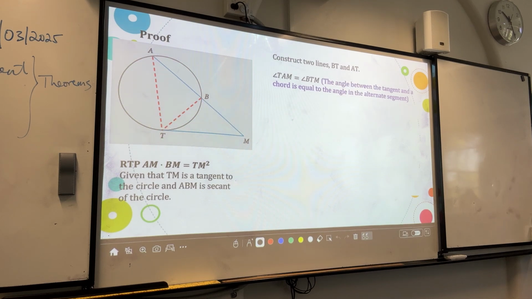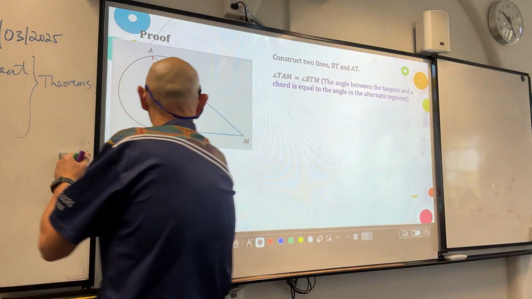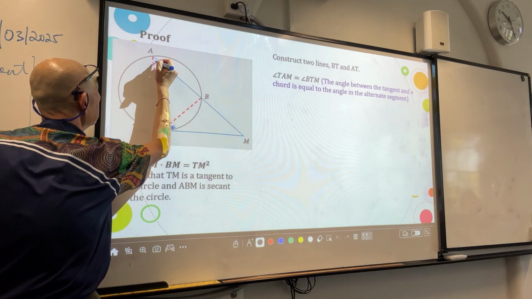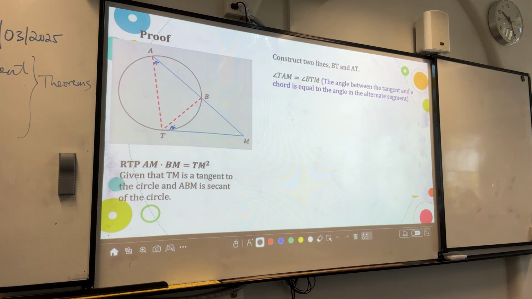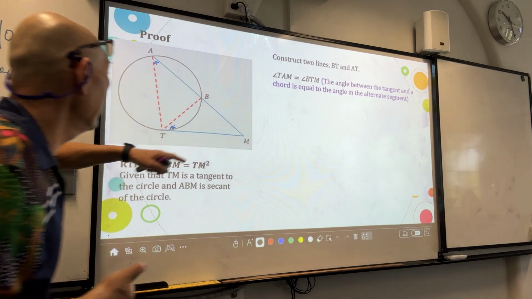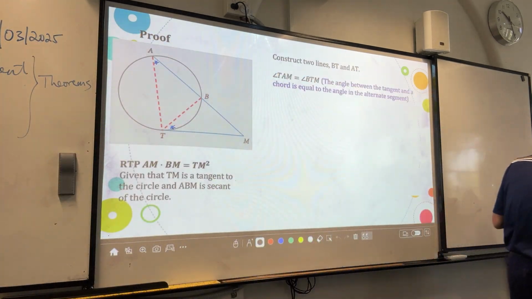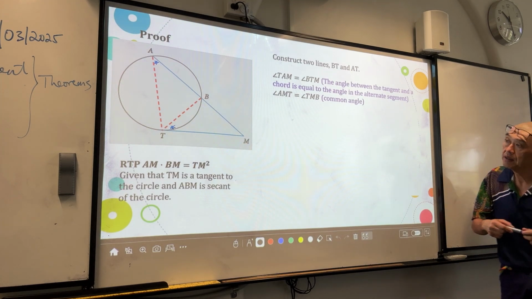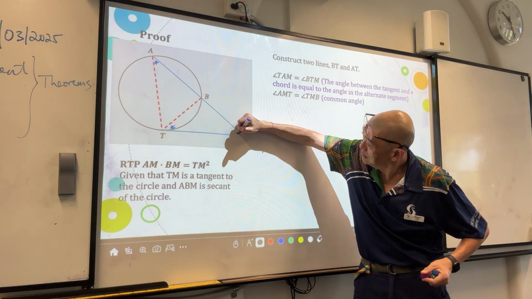This angle is the same as that angle. Agree with me? Now from there, the other one is the angle M, their common angle.